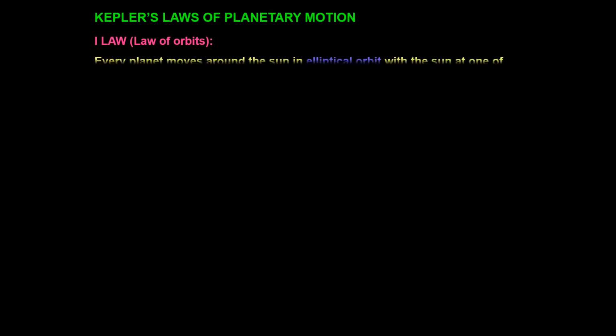Every planet moves around the sun in an elliptical orbit with the sun at one of the foci of the elliptical orbit. What is an elliptical orbit? Have you ever observed the shape of the orbit? Is it round?